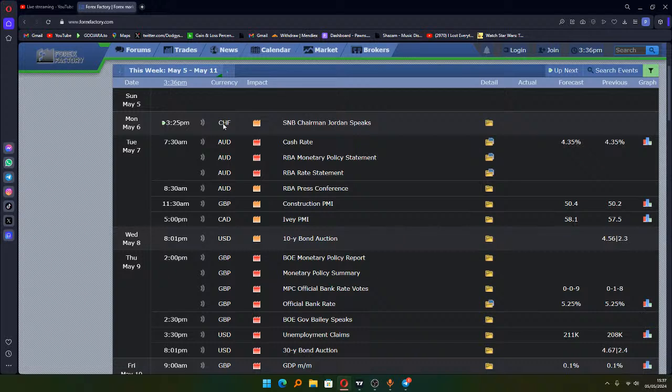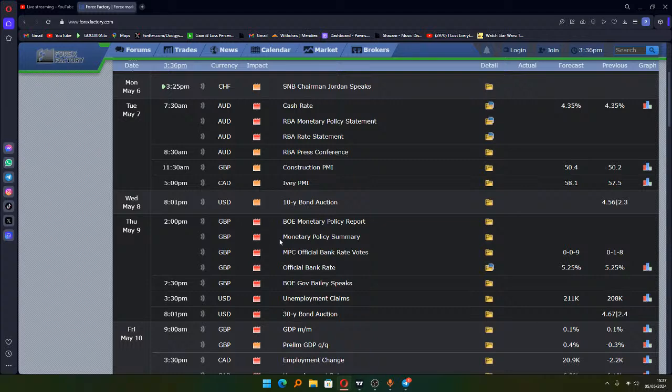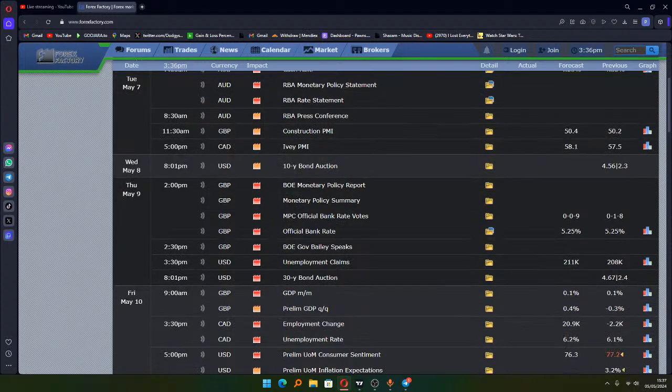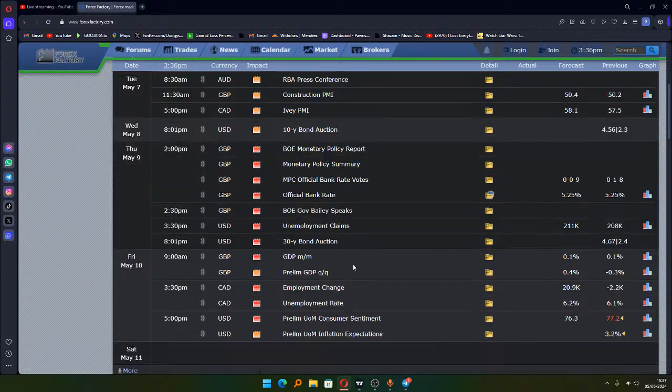We just have the Swiss franc medium impact. We have nothing USD, either medium or high impact, on Tuesday. We just have something on Wednesday. We have the 10-year bond auction on Wednesday. Nothing until the unemployment claims at 3:30 on Thursday. So it's going to be a pretty nice week.